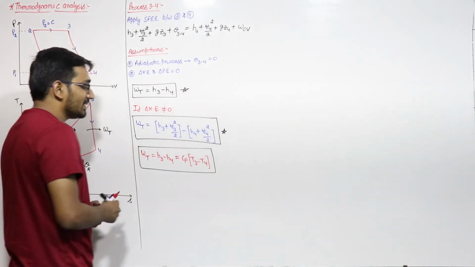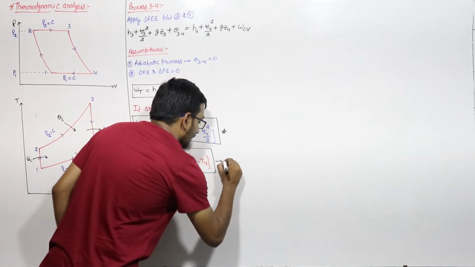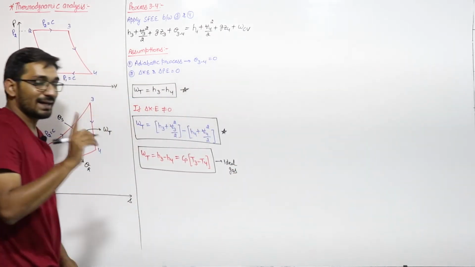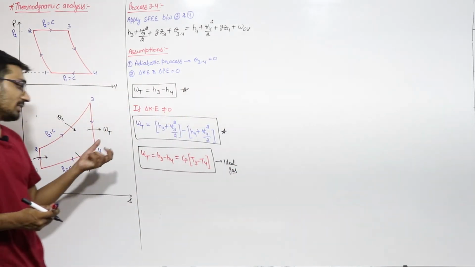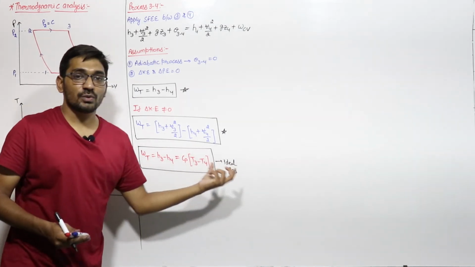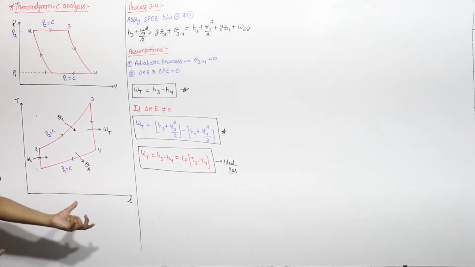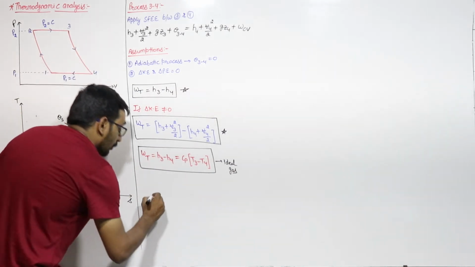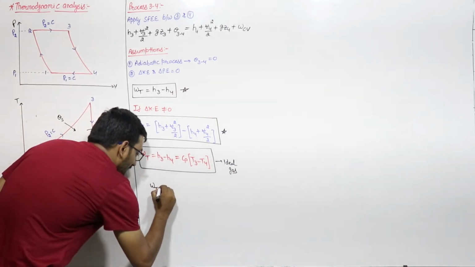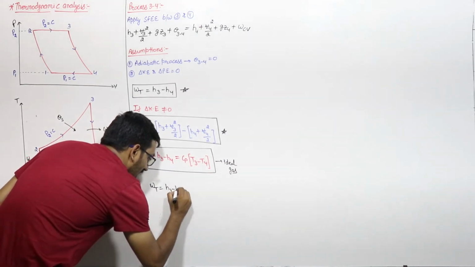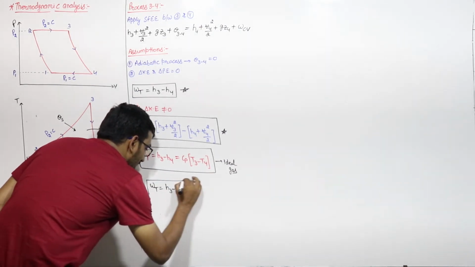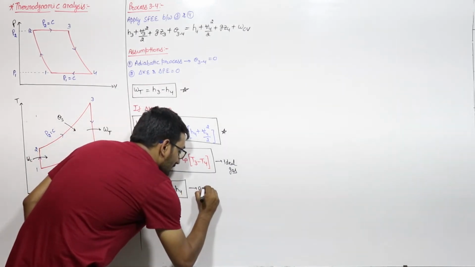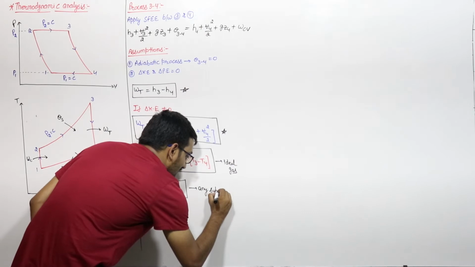So you can write this equation only when it is an ideal gas. Only then can you write work done by the turbine is Cp into T3 minus T4. If it is not an ideal gas, you have to write H3 minus H4. WT will be equal to H3 minus H4, for any substance you can write this.